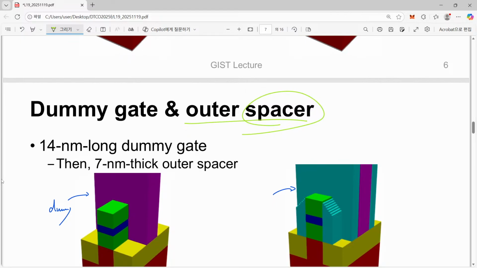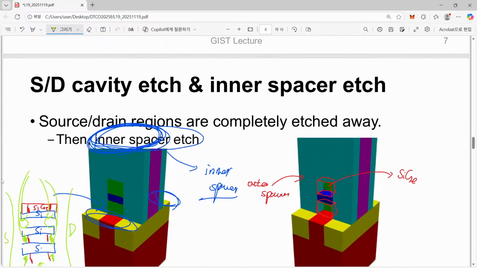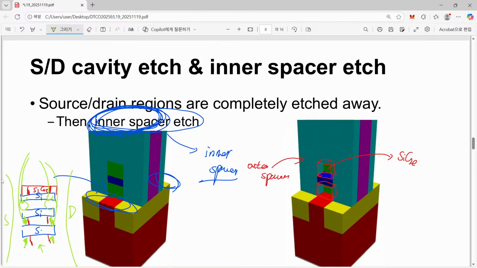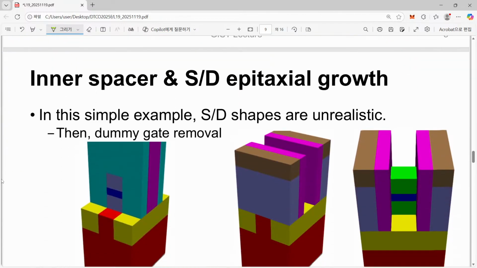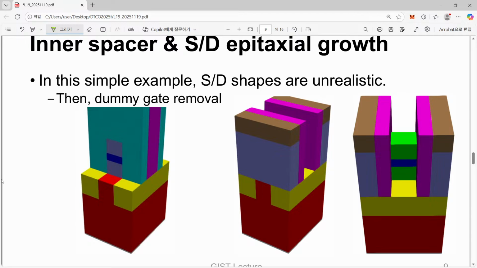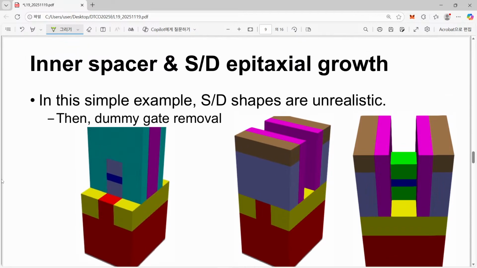So without the inner spacer, we cannot isolate gate and other terminals. I will explain a little bit further later.